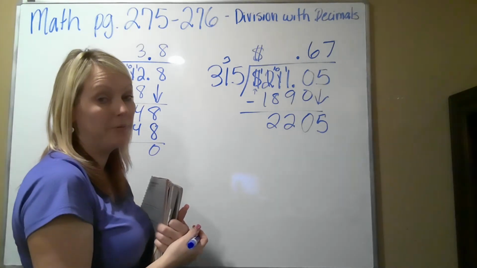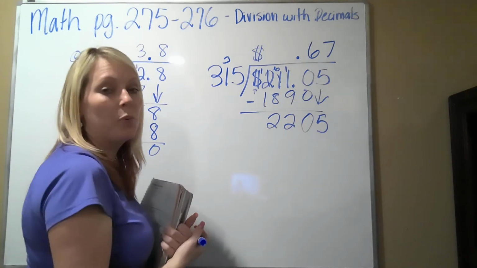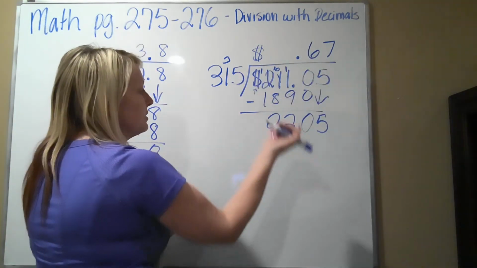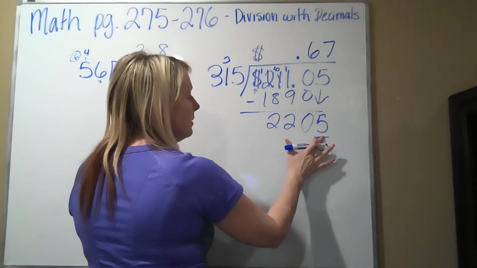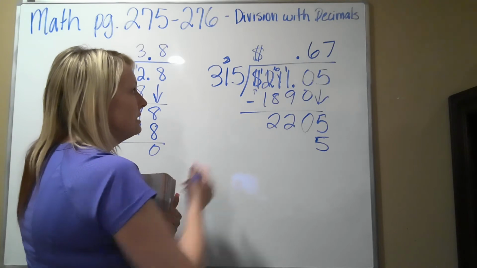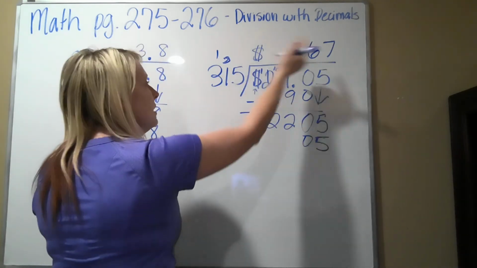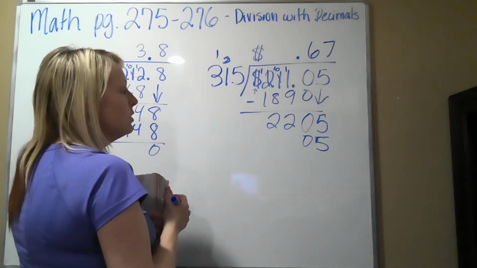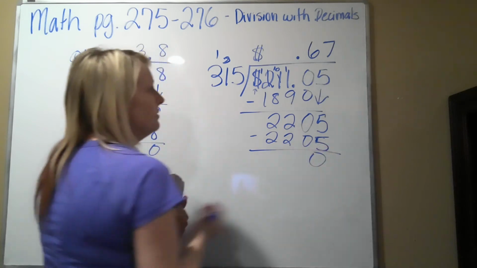But mainly what I'm trying to show you is this decimal point in front. So 7 times 5 is 35. 7 times 1 is 7, plus 3 is 10. 7 times 3 is 21, plus 1 is 22, and we have 0.